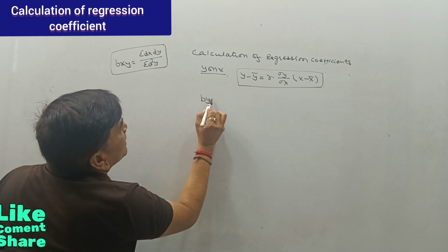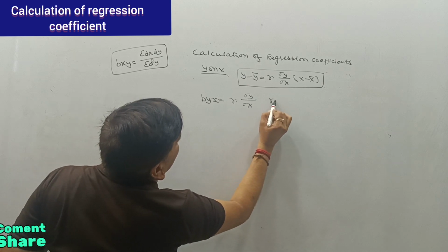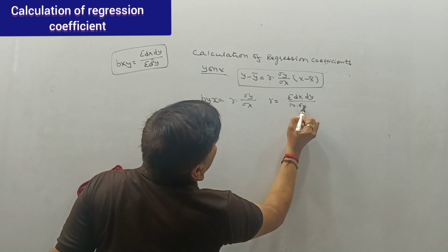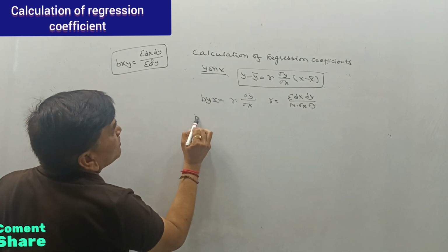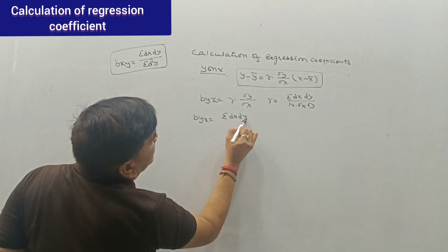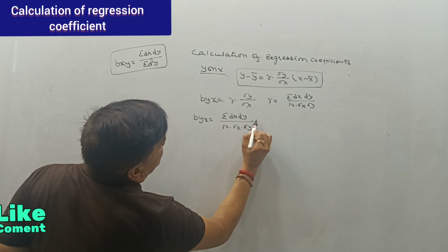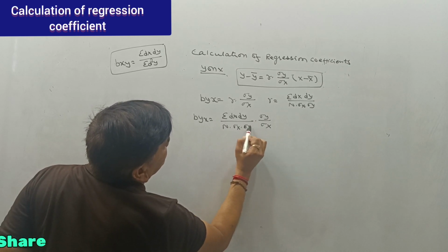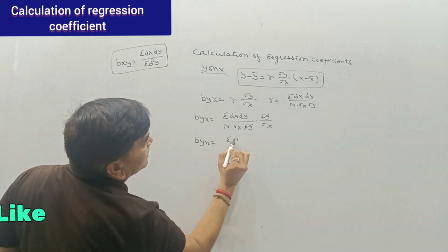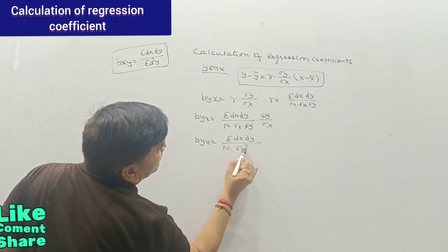So byx is equal to r times standardization of y upon standardization of x, and the value of r is equal to sigma dx dy upon n times standardization x times standardization y. By putting in the value, byx is sigma dx dy upon n standardization x standardization y, multiplied by standardization y upon standardization x. The y cancels with y, so we get sigma dx dy upon n times standardization x raised to power 2.